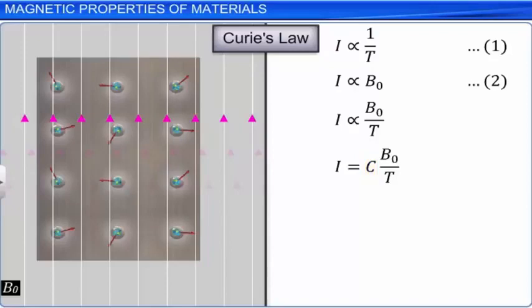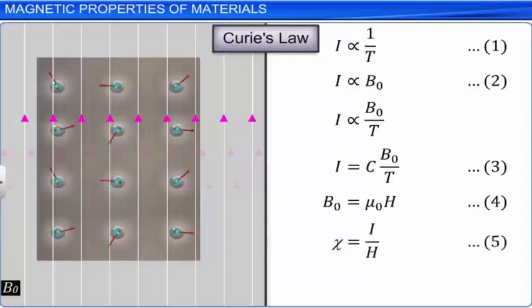We know that B0 is equal to mu naught H. Let this be equation 4. We also know that the ratio of magnetization to magnetic intensity is magnetic susceptibility. That is, chi is equal to I by H. Let this be equation 5.